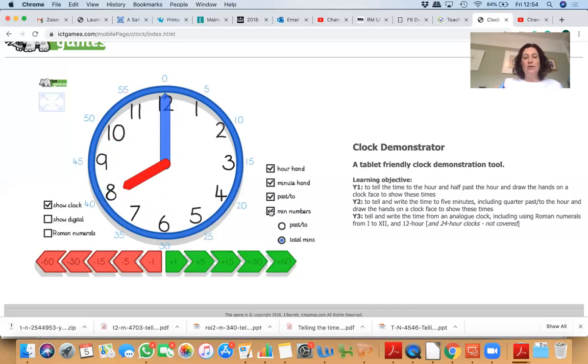You'll notice that the numbers, the hour numbers, also double up as 5-minute intervals. So we can count round the clock in 5 minutes using the hour numbers. So let's skip count together. So say it with me, nice out loud, along with the video.